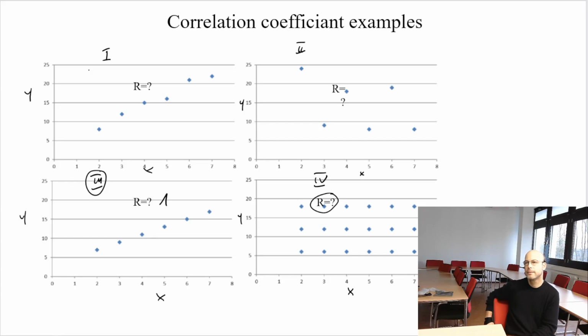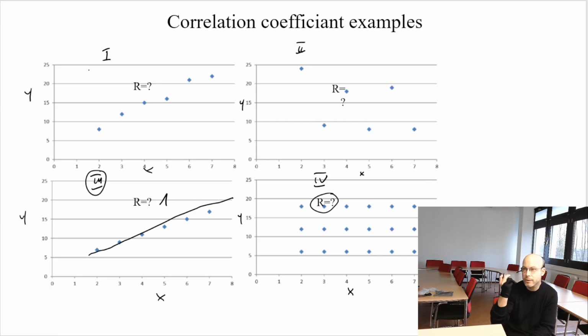In this case, when our data points are totally symmetrically distributed. So in this case, more or less, our regression line would look like this. All data points are lying on one line.